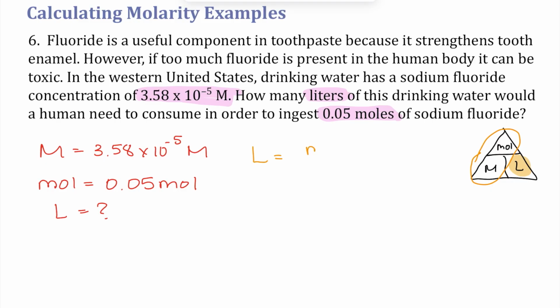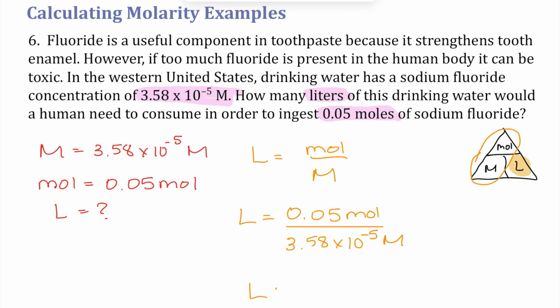So liters are going to be moles divided by molarity, and I've been given 0.05 moles, dividing that by 3.58 times 10 to the negative fifth molar. That's a really low concentration, and so that's why it has that scientific notation. And then plugging that into my calculator, we got 1396.6.